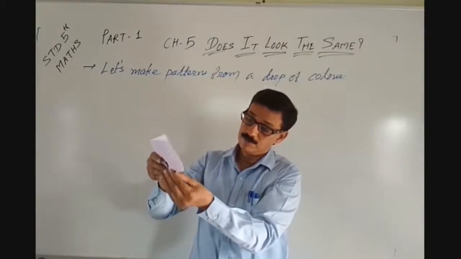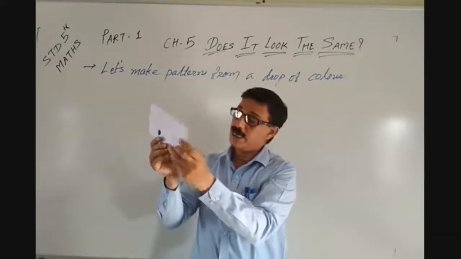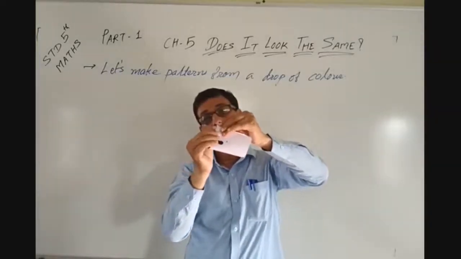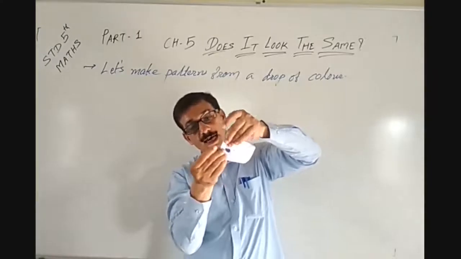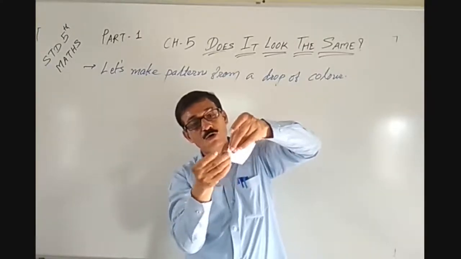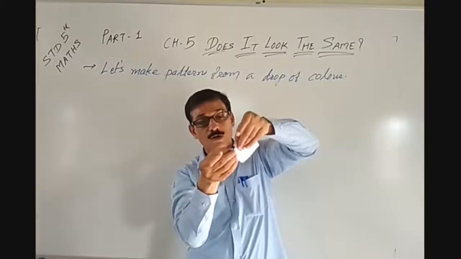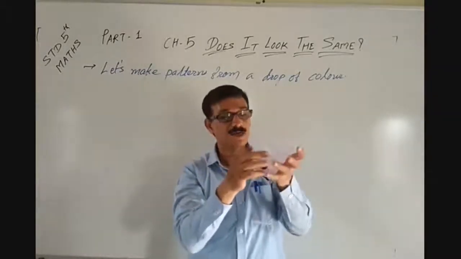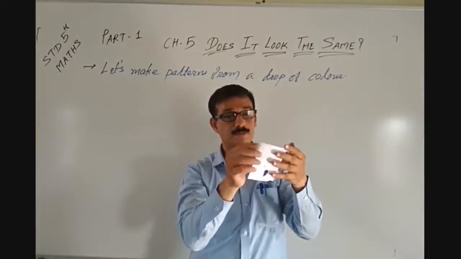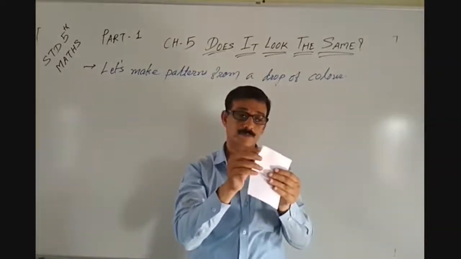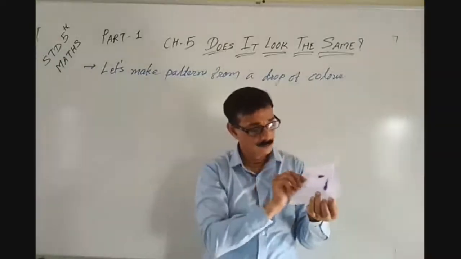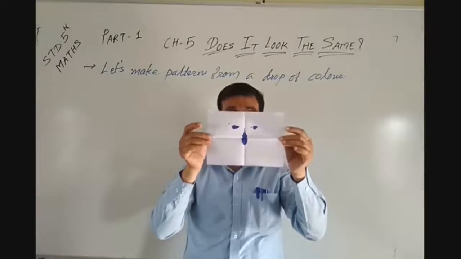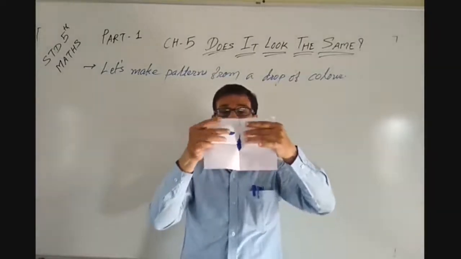Now let's see, and let me fold this once again. So I go for folding twice. Now let's see how it looks. See this pattern. Can you see this beautiful pattern? Don't look at this drop.